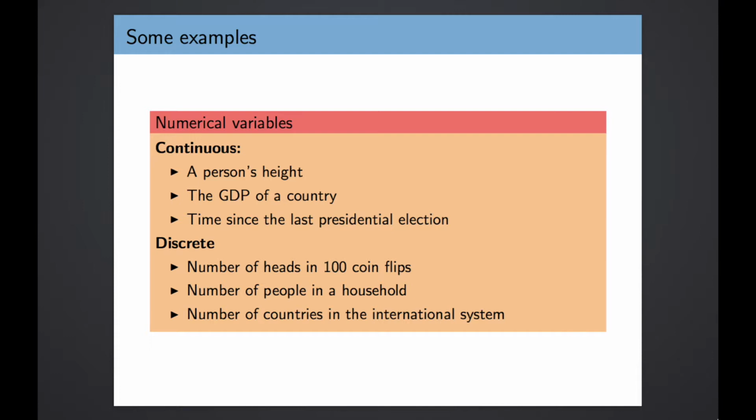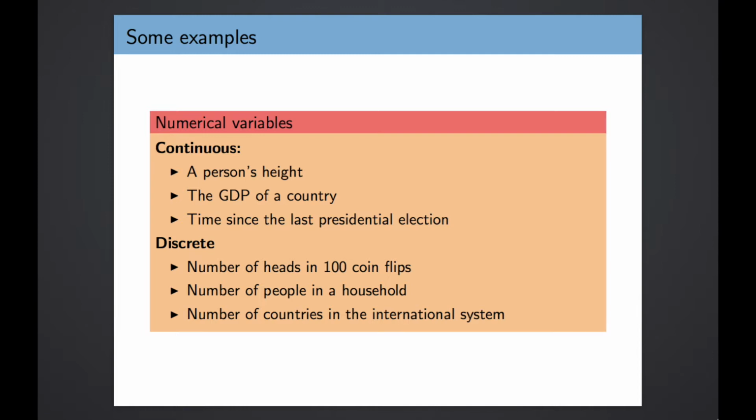So you might be 5 feet and 7 inches tall. You can think we could also measure this much more precisely. We could measure someone as being 5 feet 7.283 inches tall, or even more precisely than that. So this is a continuous numerical variable. Potentially it could take on an infinite number of values.